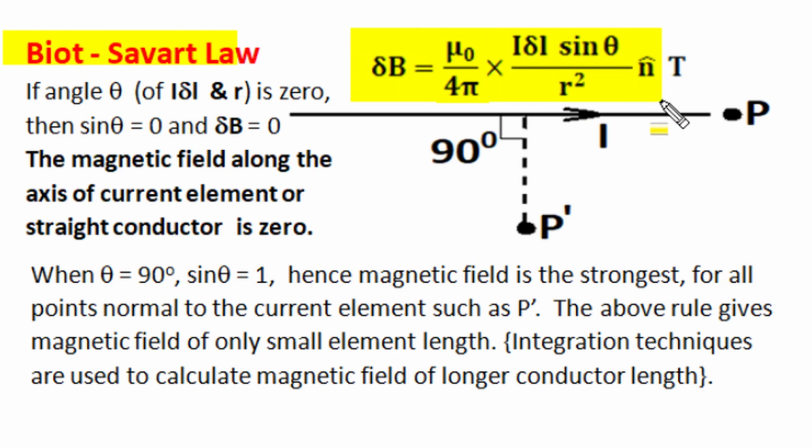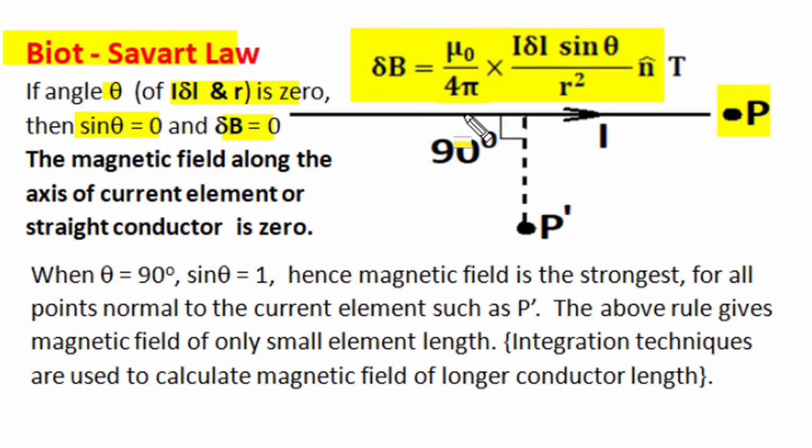Now this relation clearly indicates that the magnetic contribution of an elemental length or straight conductor depends upon the position of the test point with respect to the conductor. If the test position is along the axis of the elemental length or a straight conductor, then the angle theta between the current element and position vector becomes 0, and sin theta for theta equal to 0 also becomes 0. So the elemental magnetic contribution becomes 0.